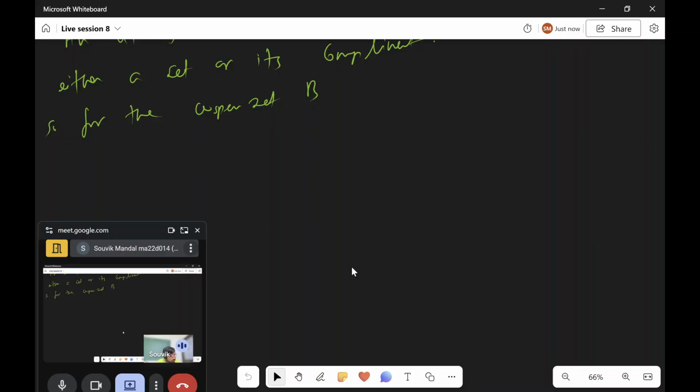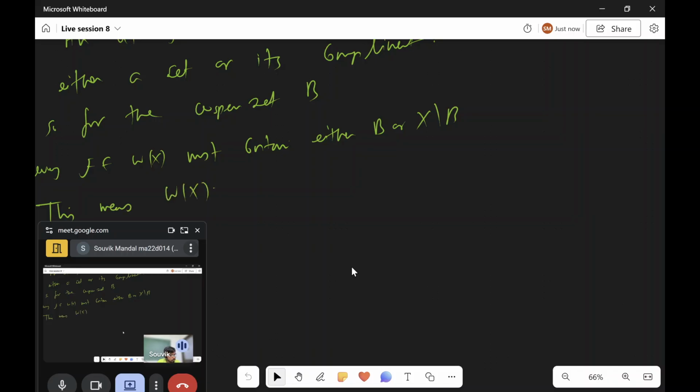So for the clopen set B, every F belonging to W(X) must contain either B or X minus B. This means W(X) is equal to B upper star union (X minus B) upper star, and these two sets are disjoint.